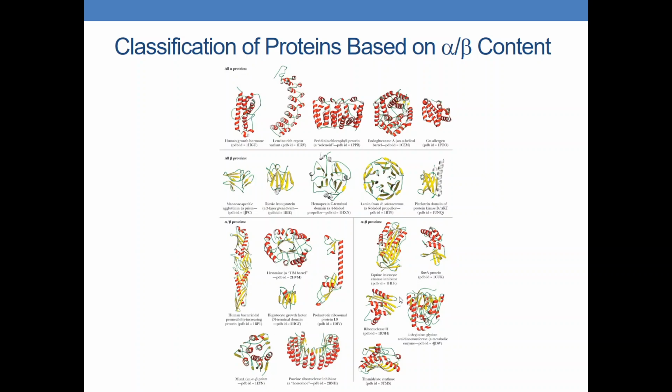The same is true for ribonuclease H, where you actually have a beta layer that has an alpha layer on top of it. So the point here is that though it may not always be easy to see, things are classified as alpha plus beta when there's less integration between the alpha and the beta secondary structural components.